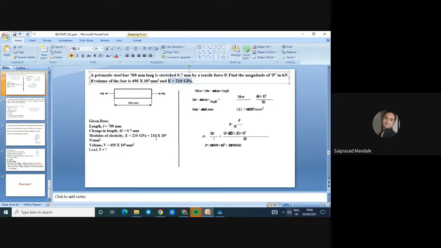So 210 into 10 raised to 3 is in MPa, and MPa is equal to Newton per mm square. So 210 into 10 raised to 3 Newton per mm square.